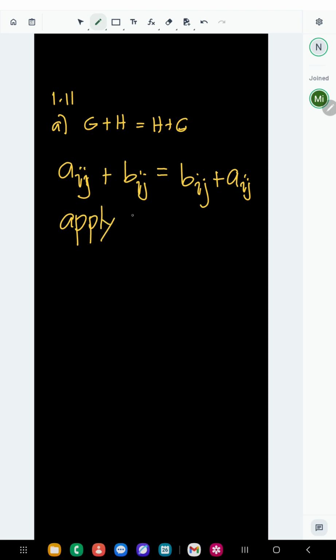From arithmetic, we know that for any two numbers, a sub ij plus b sub ij is just equal to b sub ij plus a sub ij. And then we apply this to the two matrices. You have to write words because this is a proof.